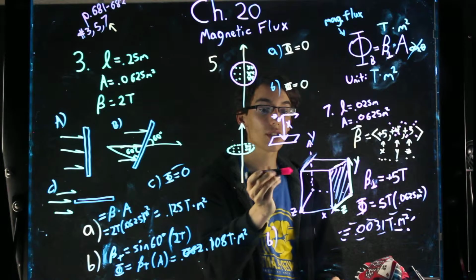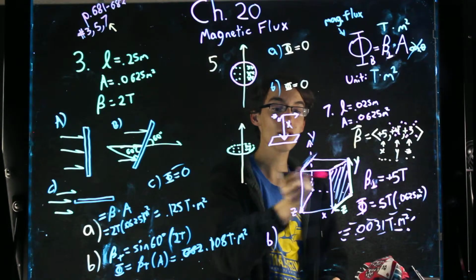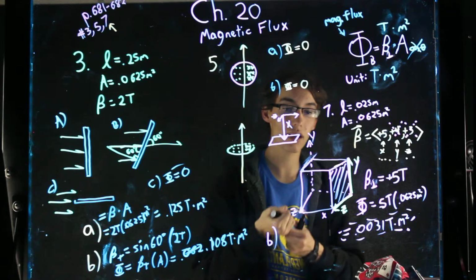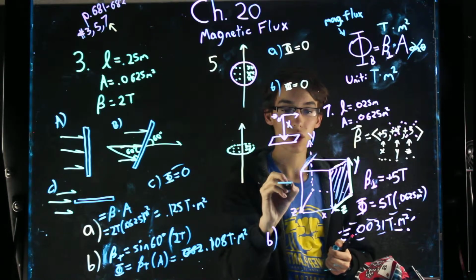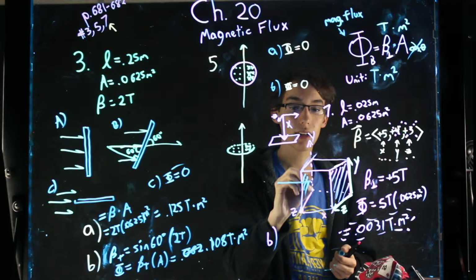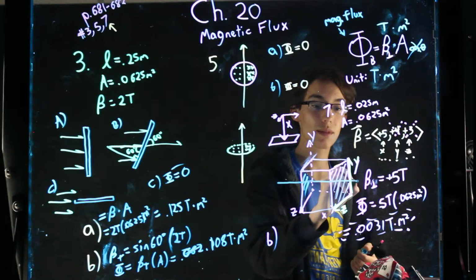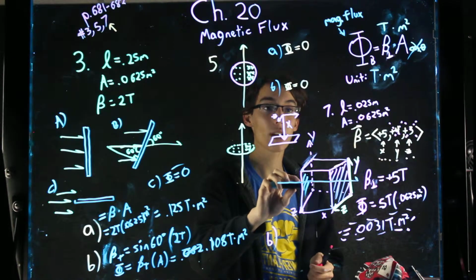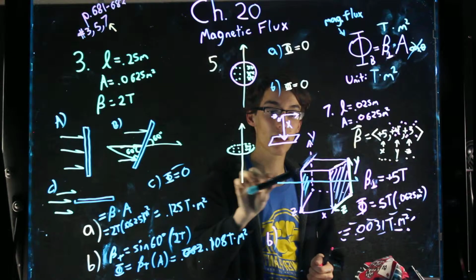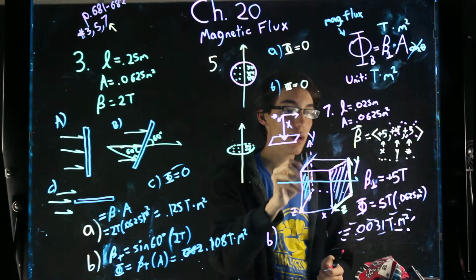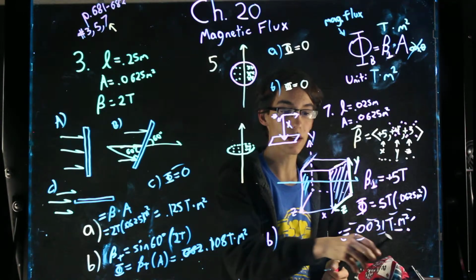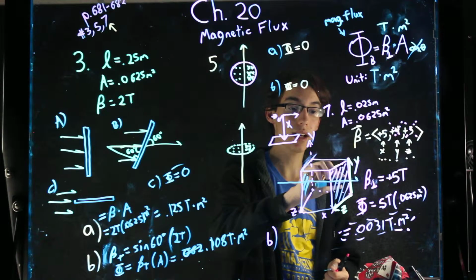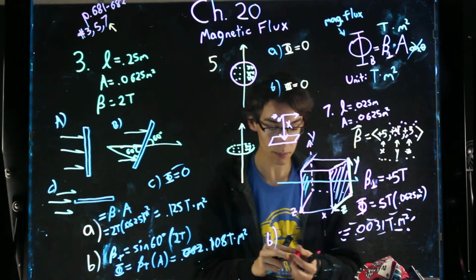Here, the magnetic field starts outside the cube, goes through this face right here, keeps on going through, and then comes out the other end. So through this face, we called that a positive magnetic flux, and so it's going to be a positive flux of this exact same value. And then on its way out, we called that a negative magnetic flux, and so it's going to cancel out.